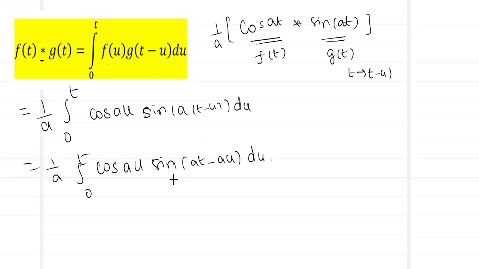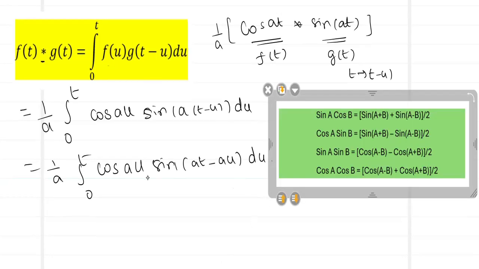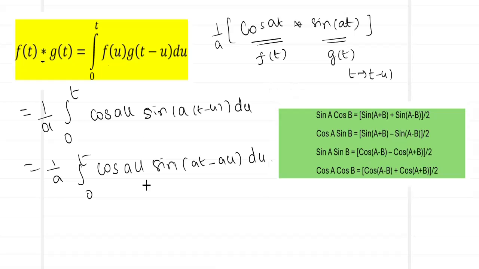We will try to recollect them fast and quick. Now, what we have over here is cos A sin B. Let us identify this as cos A and sin B. Now, what we know about cos A sin B? It is sin A plus B minus sin A minus B, divided by 2.